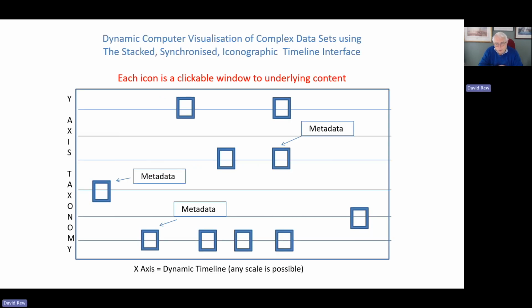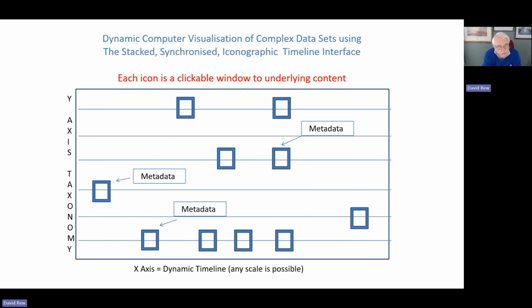So the principles of what I'm going to talk about are really captured in this image. If we take our entity, which in this case is a human life or medical history of a human life, we can describe it on a series of parallel stacked timelines, and we can place on that timeline, using the metadata in the documents, the reports, the events that contribute to that human life.